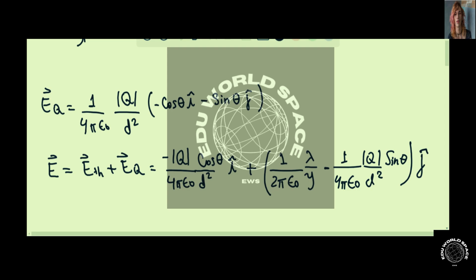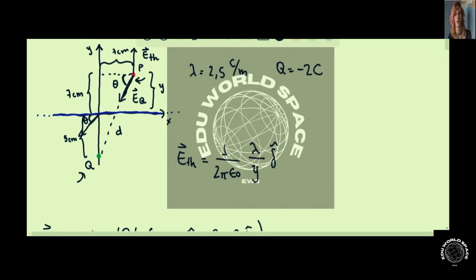Once we have set this, we can first obtain the distance d. We can see in the figure that it is this distance in here, like the hypotenuse of these triangles.